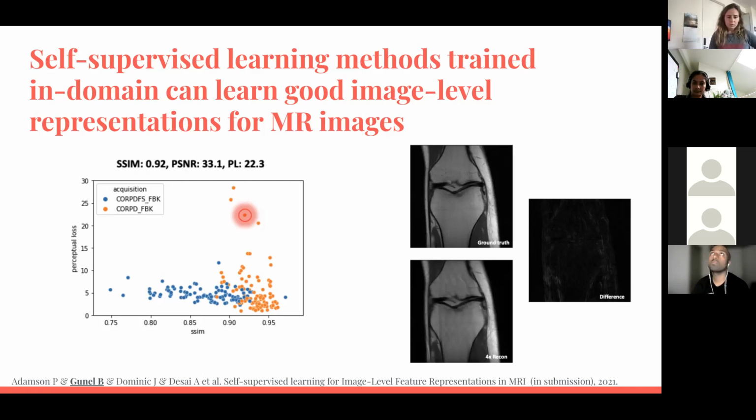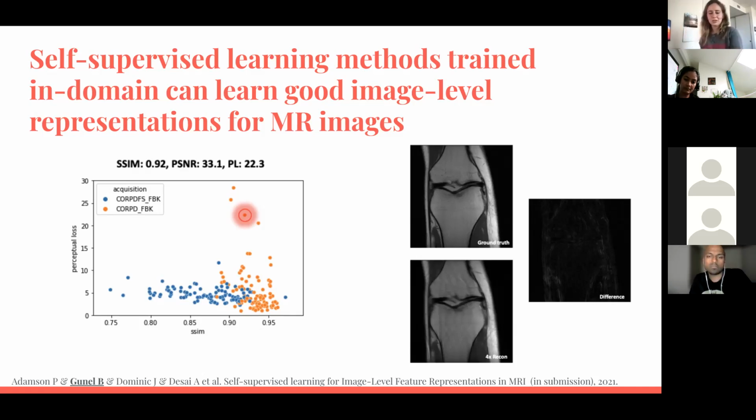So here we see, again from the fastMRI data, the fat suppressed and not fat suppressed volumes. On the x-axis you see SSIM, and on the y-axis you see the perceptual loss that we're calculating based on our large self-supervised network. First of all, there are pretty clear outliers. The one that we're showing here has a pretty nice SSIM, larger than 0.9, which is considered pretty good.